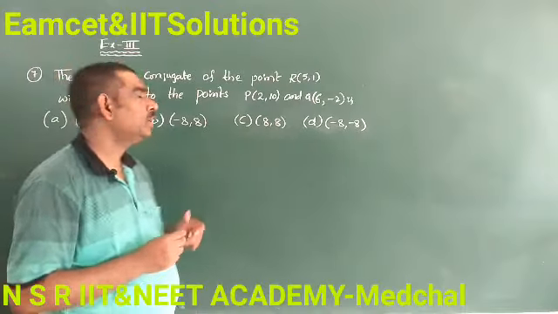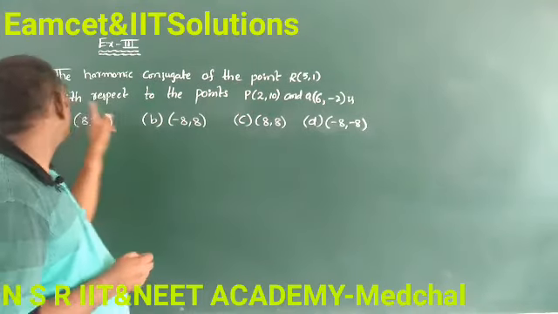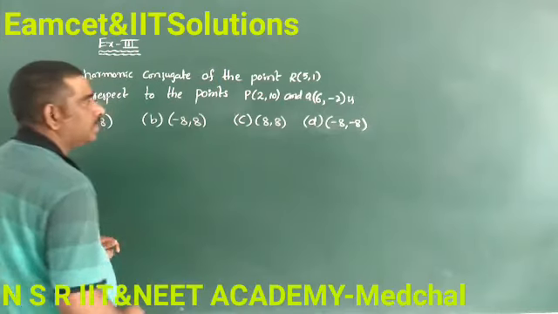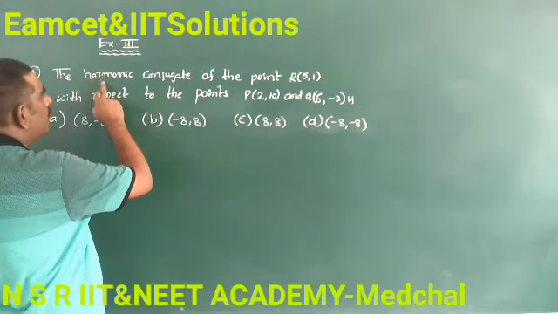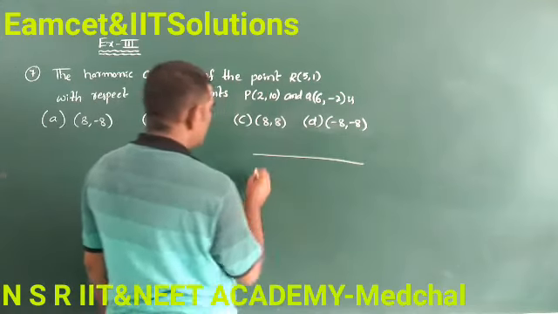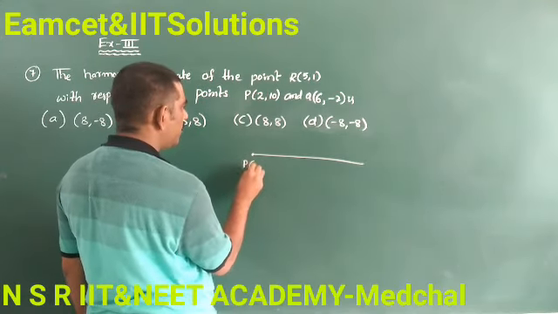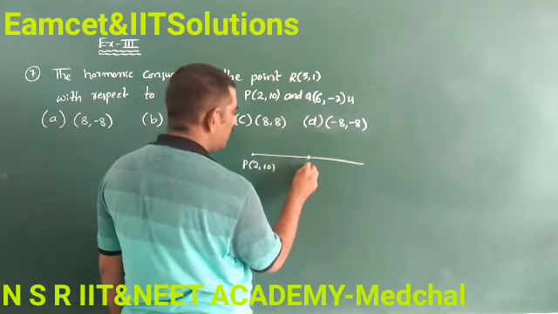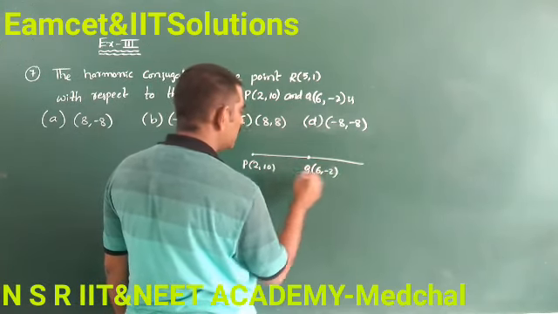So next question: the harmonic conjugate of the point R with respect to the points P and Q. R is a point; find the harmonic conjugate of R. This is point P(2, 10) and this one Q(6, minus 2).